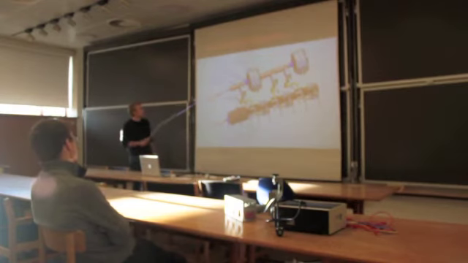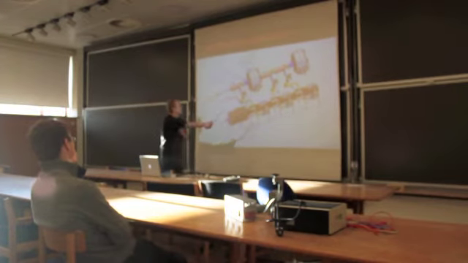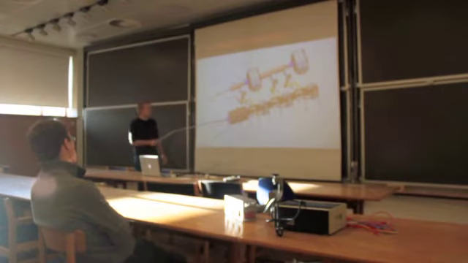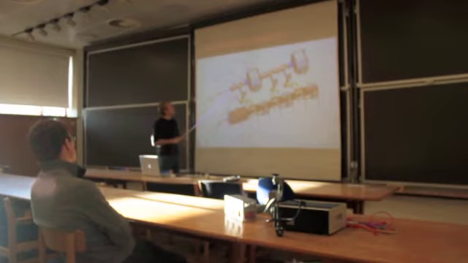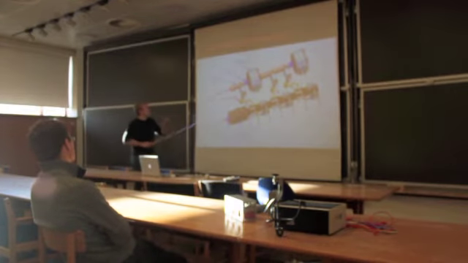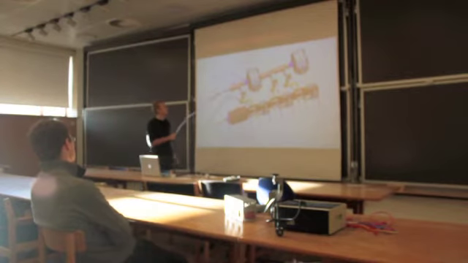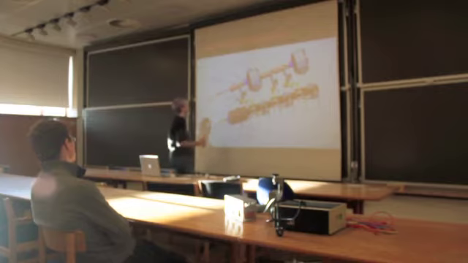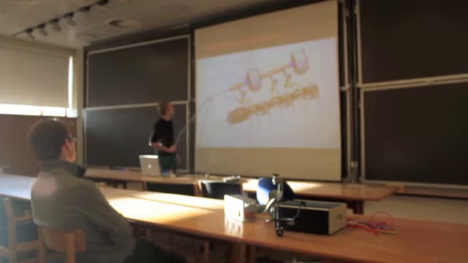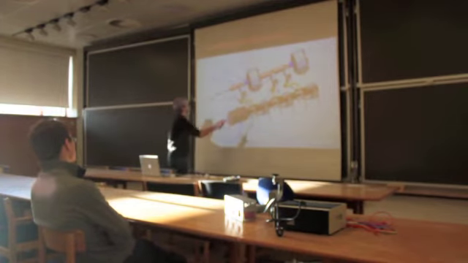In the two-beam acceleration principle, you use what is called a drive beam to accelerate the main beam. The drive beam has a very high intensity, and it's also electrons or positrons that you send through these structures.